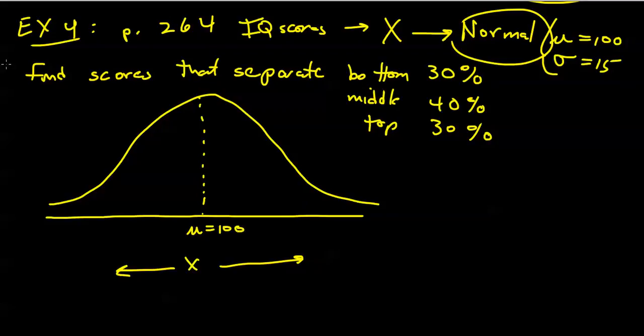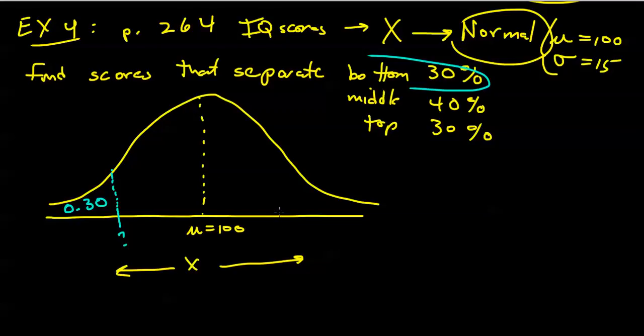If we want the X values that separate the bottom 30%, I'm going to write it here somewhere. That's one of the scores I need. Because then the probability of being less than that score is going to be 30% or 0.3. So the area below this value is going to be 0.3 under this non-standard normal curve. We want to then isolate the middle 40%.